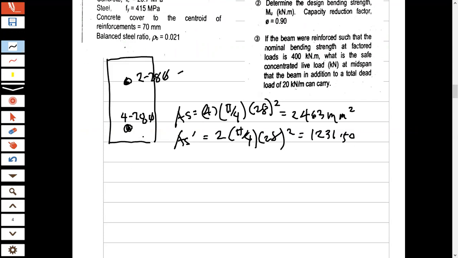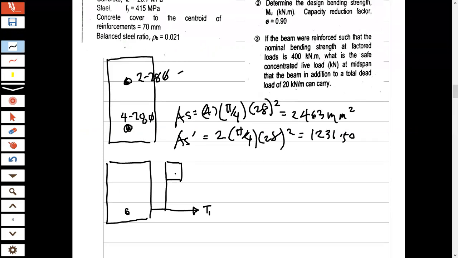Gagawin natin ulit dito. So we have here T1, and we come here first with C1. Ito yung a na tinatanong.